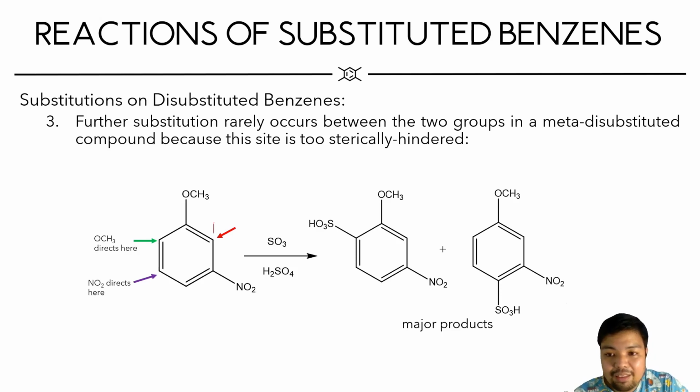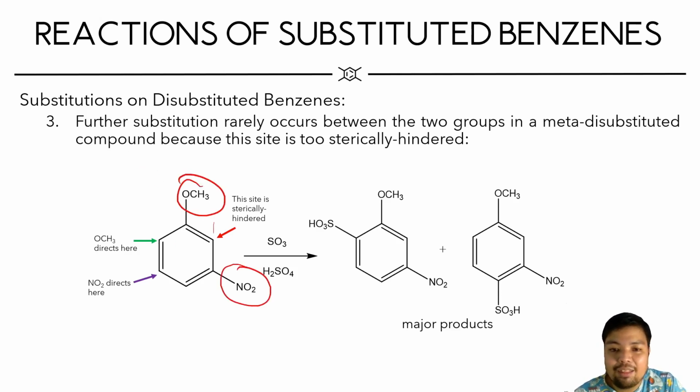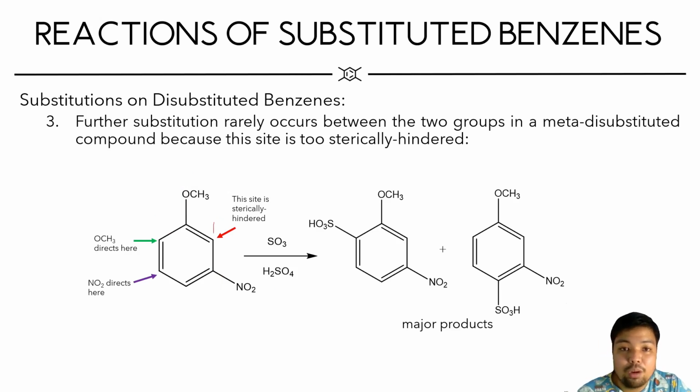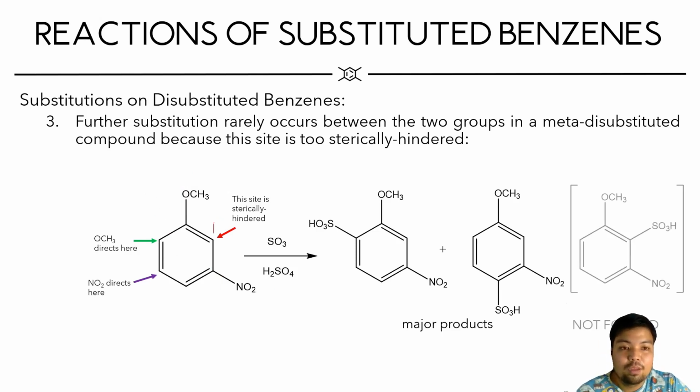So this site here, indicated by the red arrow, is hindered by these two substituents, such that their electron clouds will act as a barrier that will block the approach of the electrophile at this particular carbon. Therefore, you will only form these two major products, and this one product is not formed.